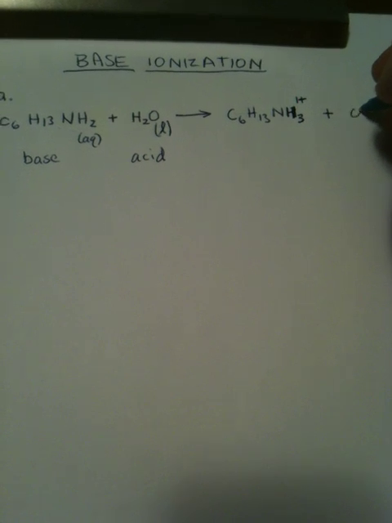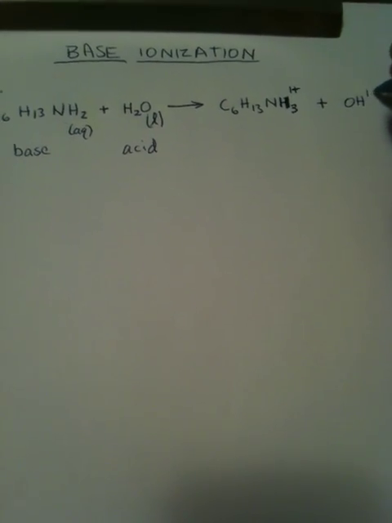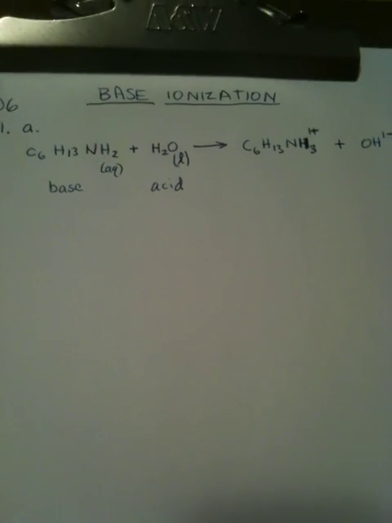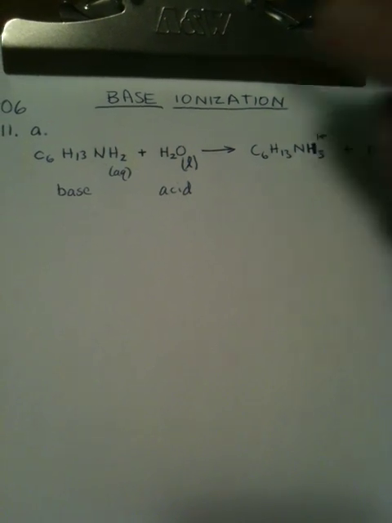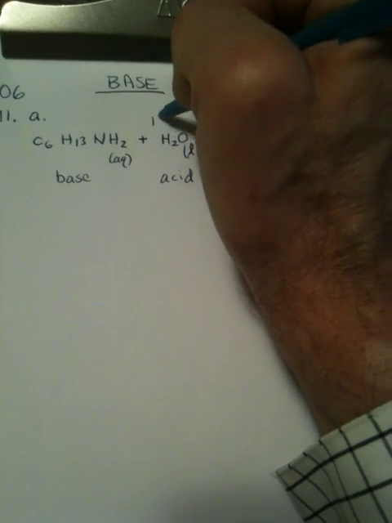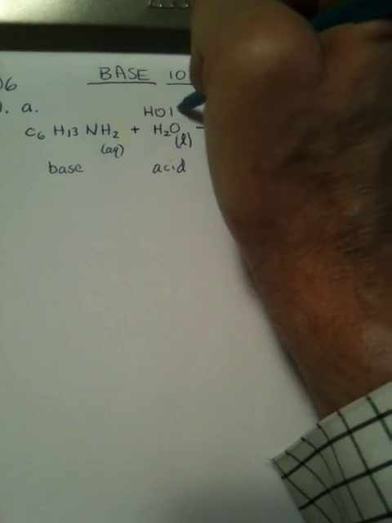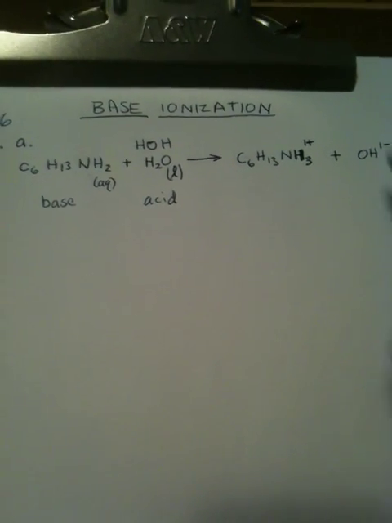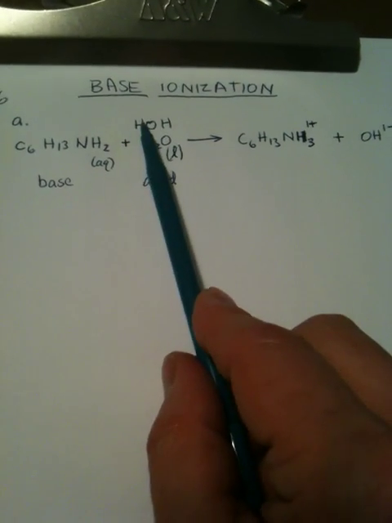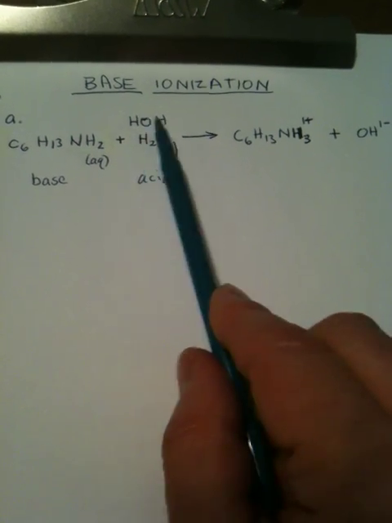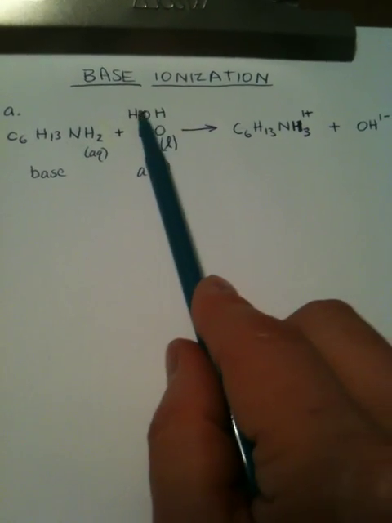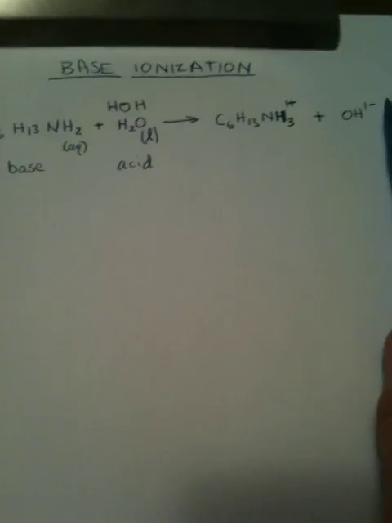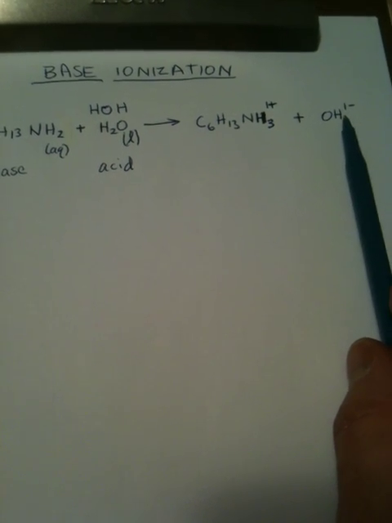It leaves the OH, 1 minus. And you may want to consider for all of these kinds of equations that water could be written this way. And if that helps you, write water that way, because now you see it's going to lose the hydrogen. It's going to go to this guy, leaving this hydroxide all by itself. And that's what you're seeing over here.